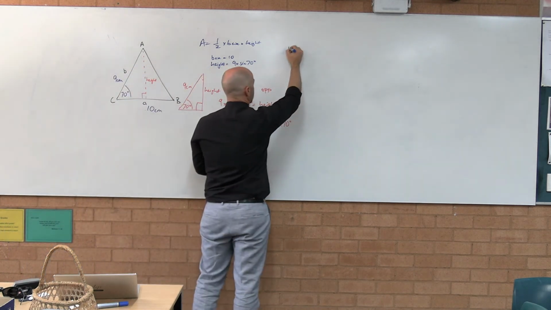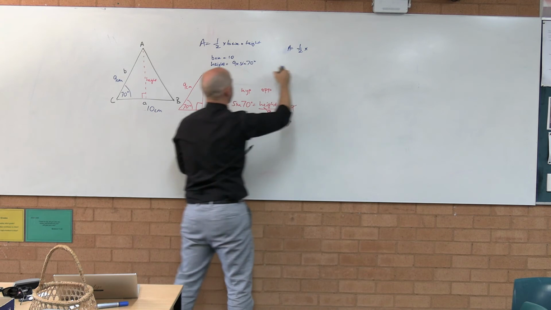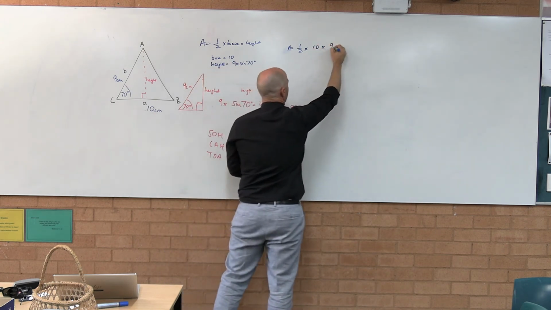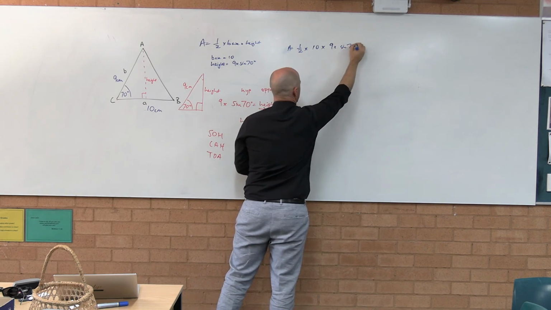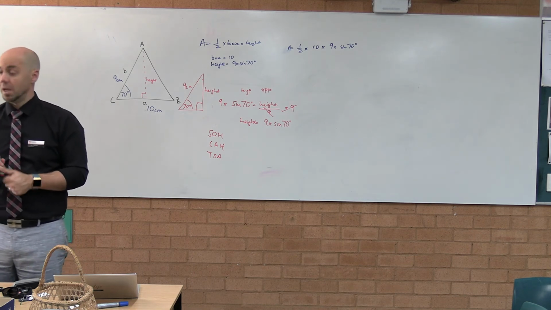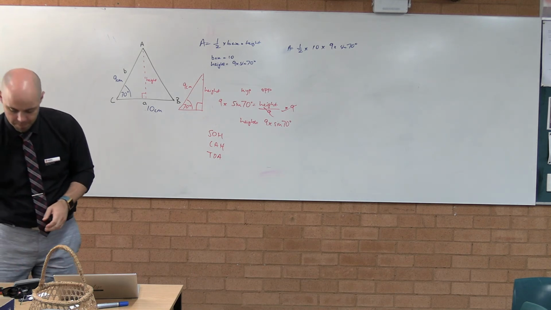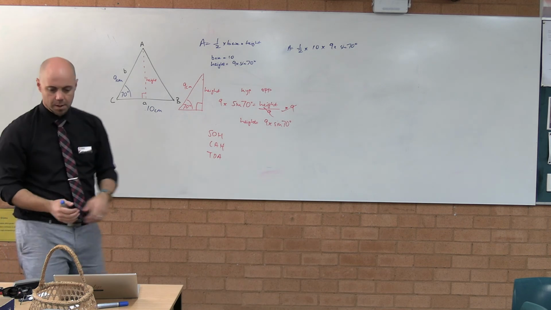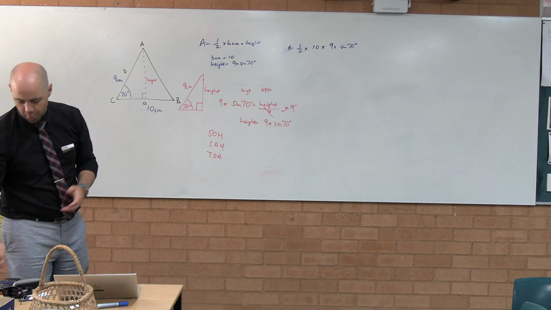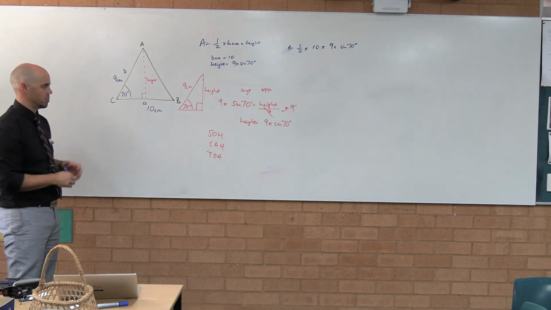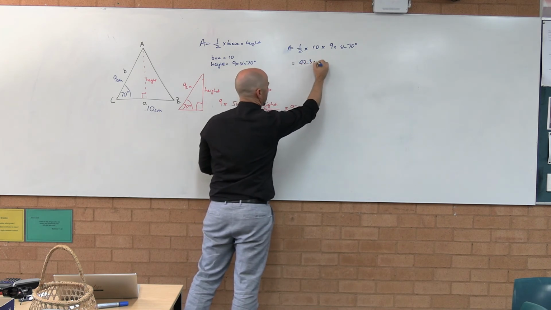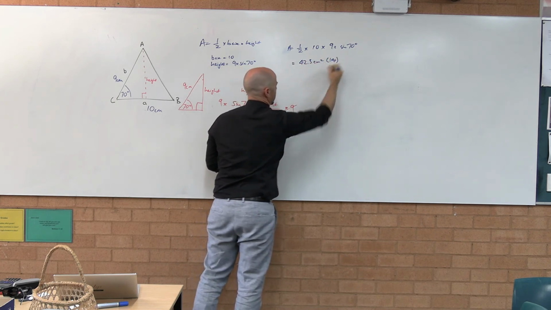So the area is half times the base, which is 10, times the height, which is 9 times sine 70 degrees. Everyone with me on that? Everyone's okay with that? Right. Now I can go and put that in a calculator. If I did that, let's do it quickly. And that's 42.3 centimetres squared to 1 decimal place.